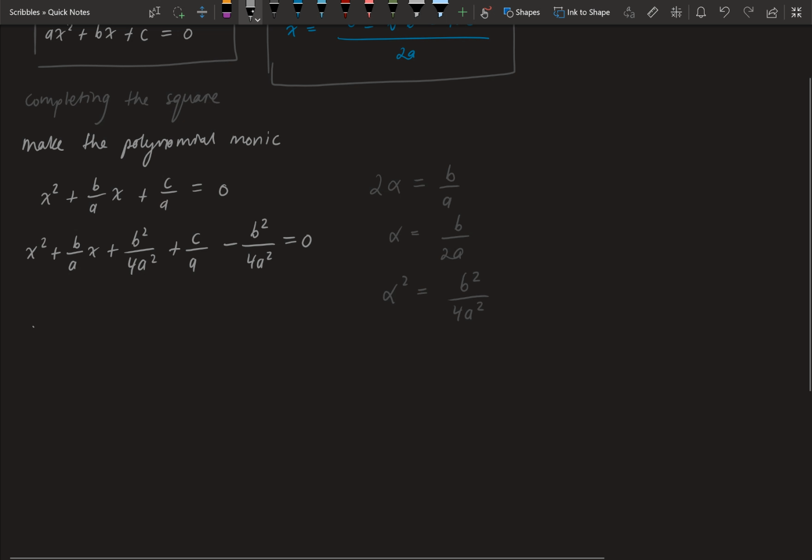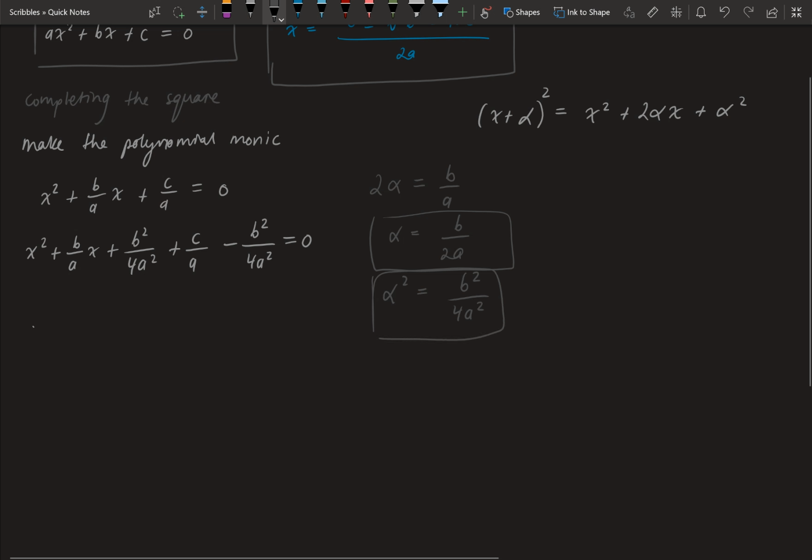From here, we have to understand the form of what we've just created. If we have x plus alpha, squared, if you expanded it you'd end up with x squared plus 2 alpha x plus alpha squared, right? Well, what is alpha? Alpha, we've just said, is this, and alpha squared is this.